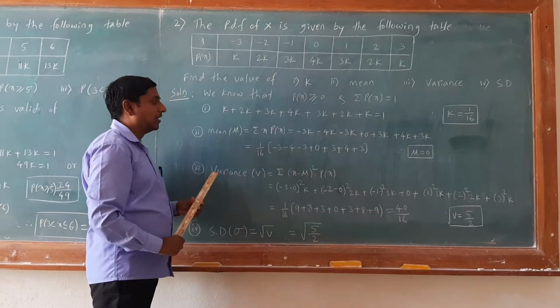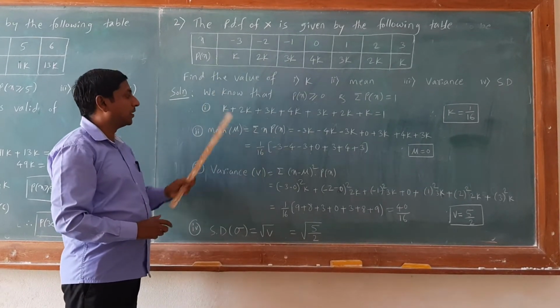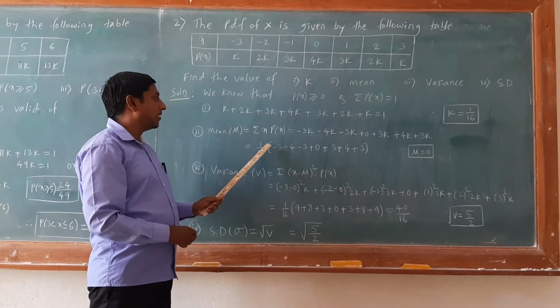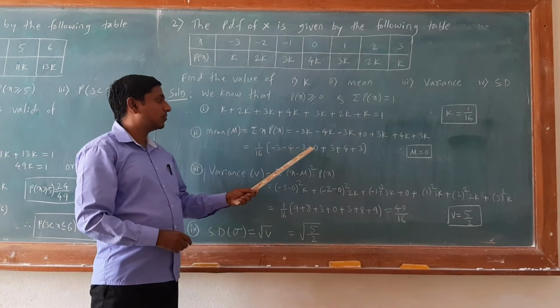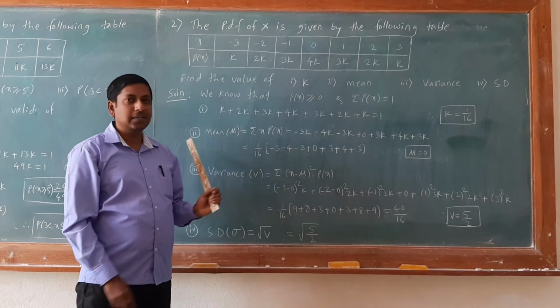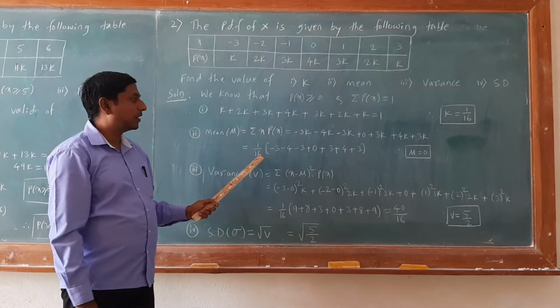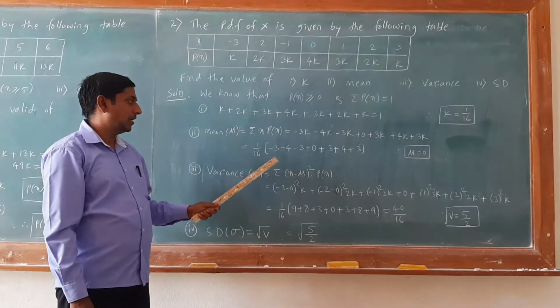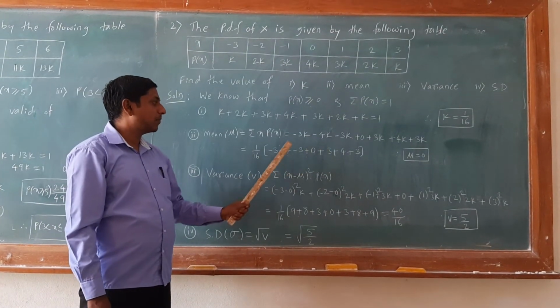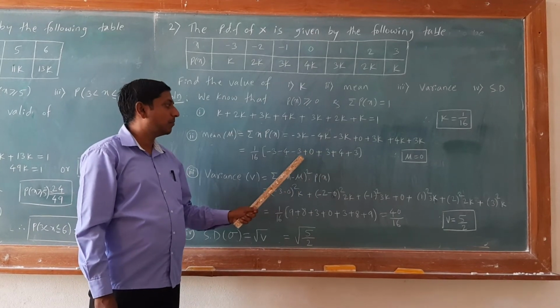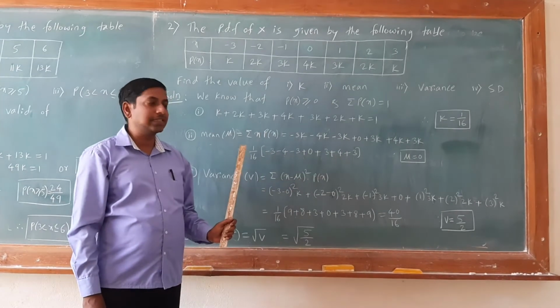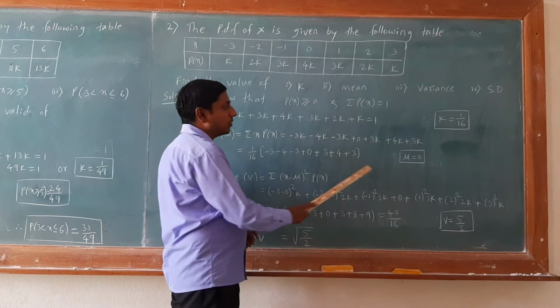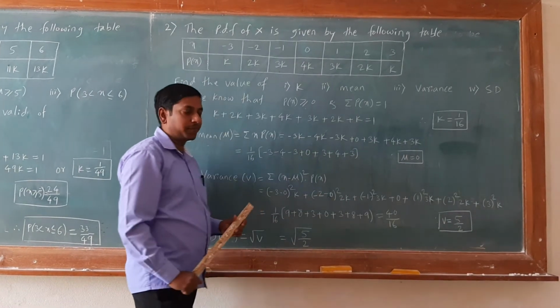Like that. After multiplying x and p of x, you get the values minus 3, minus 4, minus 3, 0, 3, 4 and 3, and our k value is 1 by 16. Here minus 3 plus 3, minus 4 plus 4, minus 3 and plus 3 cancel out. So our mu is equal to 0.